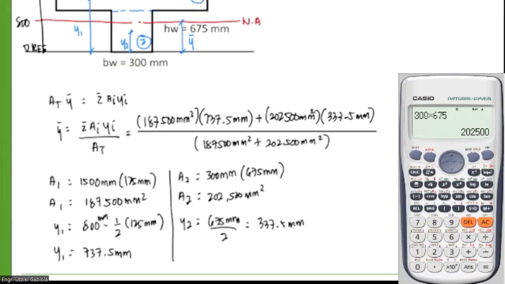Okay, so the unit will be mm cubed on the top, mm squared at the bottom. Canceling it out, we will have only mm.